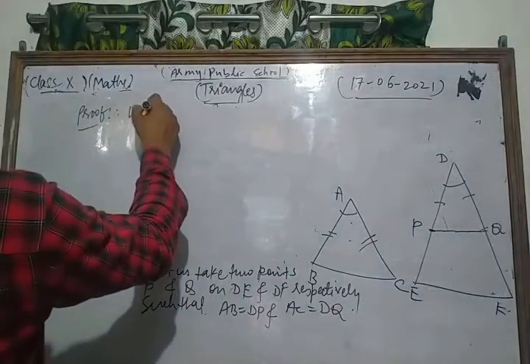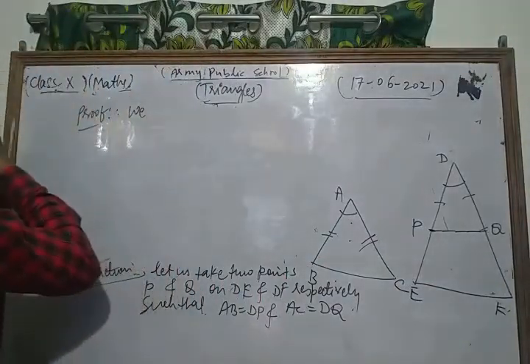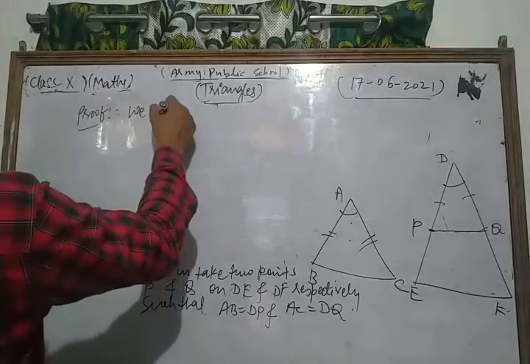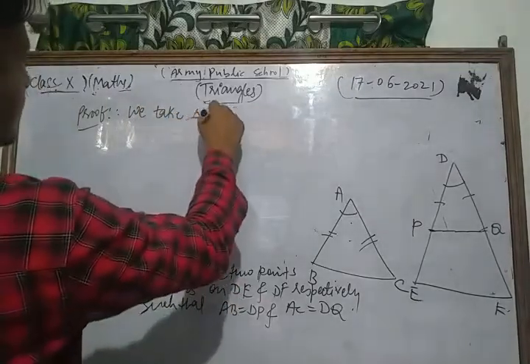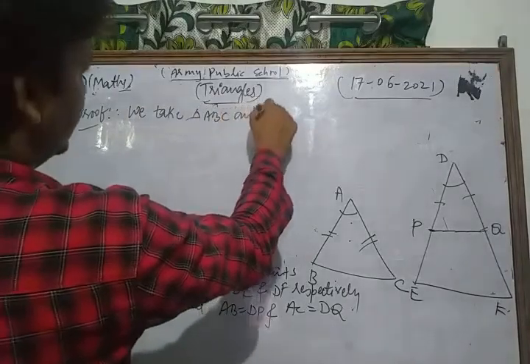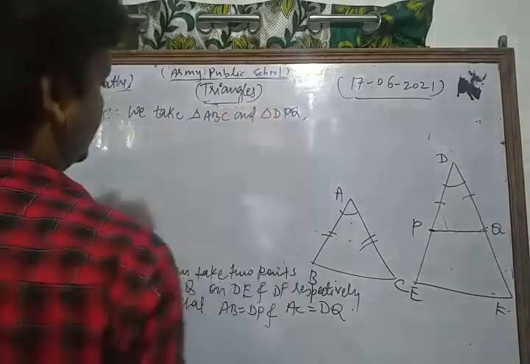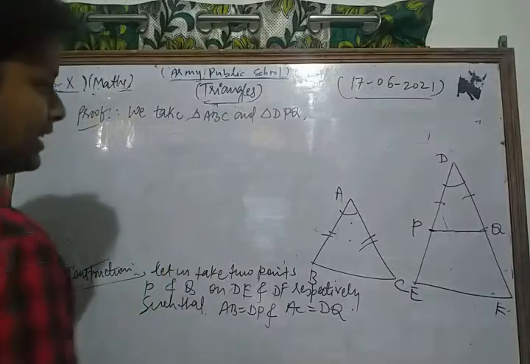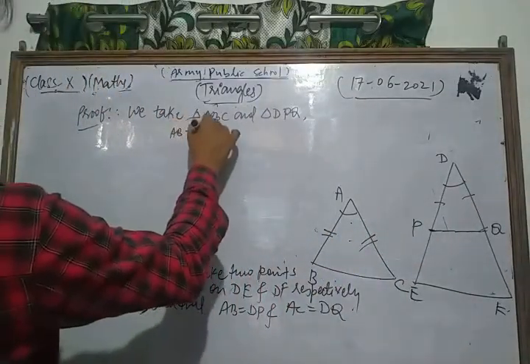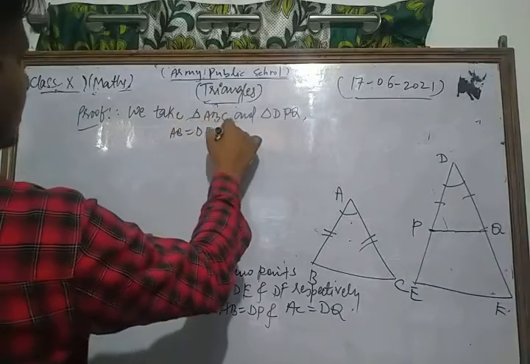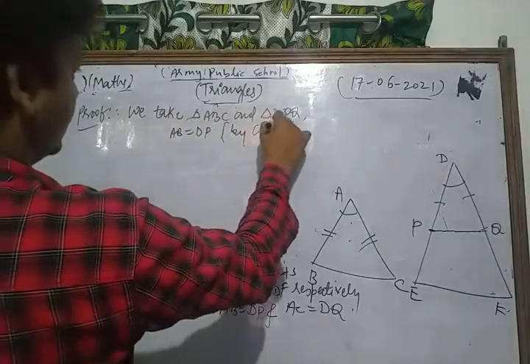We take triangle ABC and triangle DPQ. In these triangles AB is equal to DP; this is by construction.